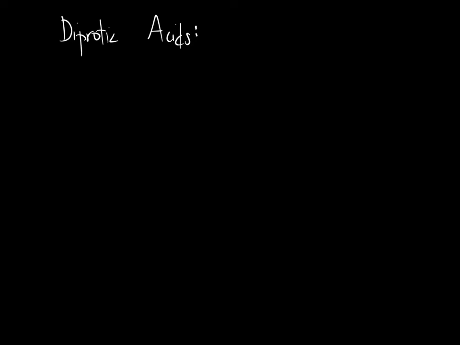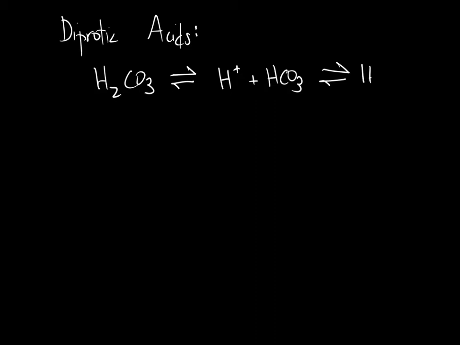One example of that is the bicarbonate that your body uses, H2CO3. And it is reversible, which is important since our body needs to be able to go back and forth. It can lose that first proton and become HCO3-, and then if it gets extreme enough, you lose that second one to become CO3 2-, carbonate.